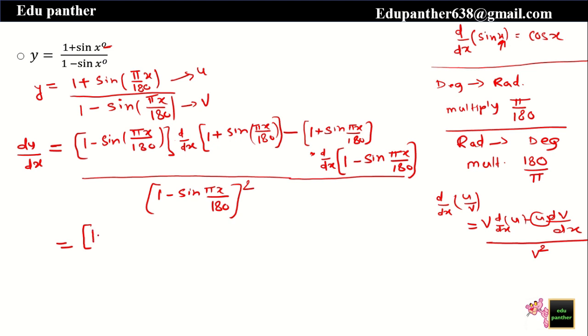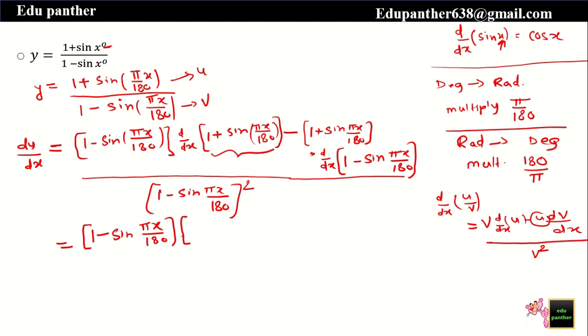So we'll start our differentiation process. So it's 1 minus, first bracket will be as it is, 1 minus sine pi x upon 180 into, now write the second derivative term in bracket. So we have to take derivative of this bracket. So what is derivative of 1? It's a constant term, so its derivative is 0, no need to write it here.